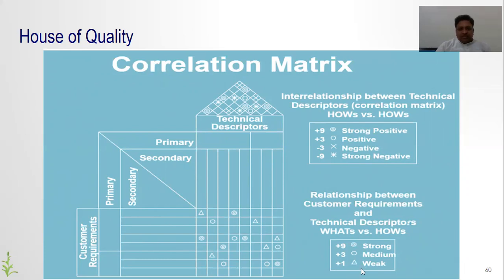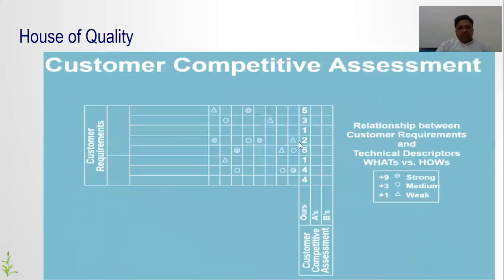Here are the legends: a triangle is weak, a circle is medium, a dot is strong. Customer competitive assessments: for the customer requirements list, you have to assess those things, for ours, A's and B's.